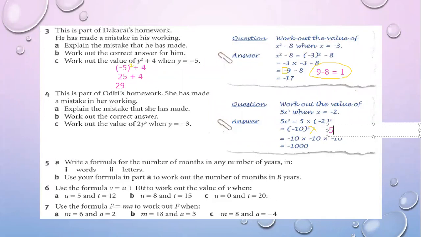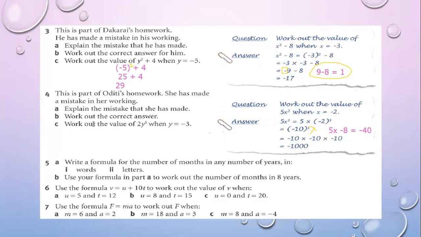So here 5, we never change this 5. It should be the same. 5 multiplied by now -8. Okay, so what is its answer? It is equal to -40. So answer is -40, not 1,000. Okay, so the mistake she made is that first she multiplied, even though she knows that she should never remove the index, she never followed the rules of BIDMAS.